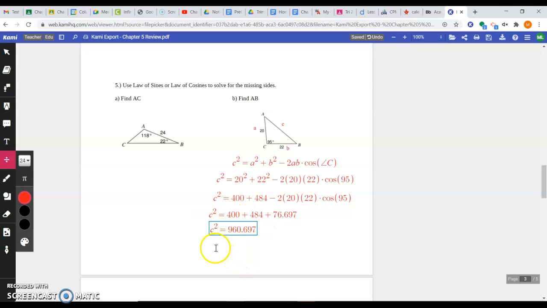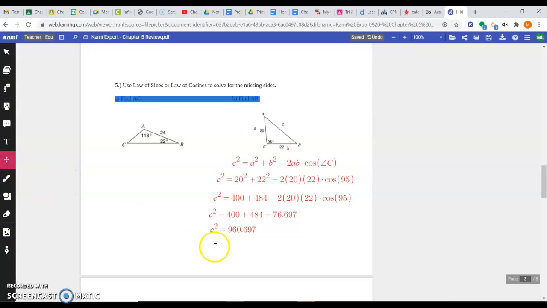So I need to square root both sides. So square rooting both sides, that gets rid of c squared, and it just leaves me with c. And then I do the square root of 960.697, and I get 30.995, which if I round up is just going to give me 31, and I'm okay with 31 as the answer, because I know if I round it up, that's what I would get.